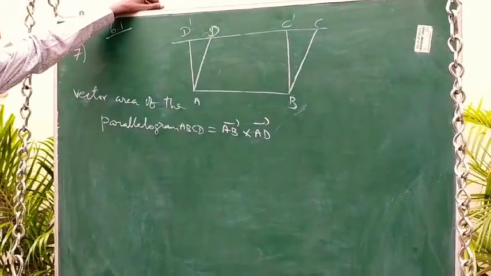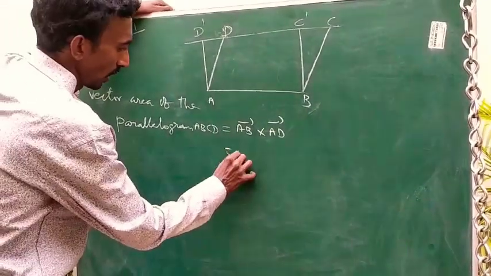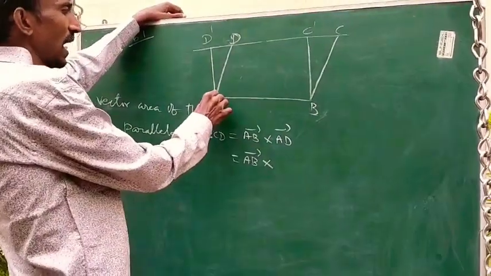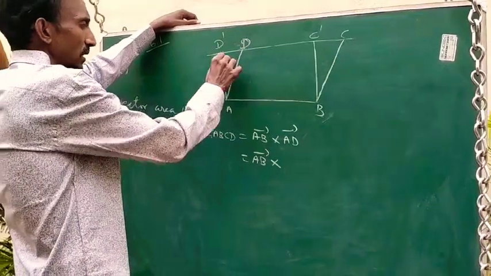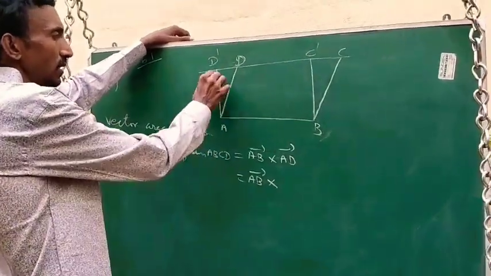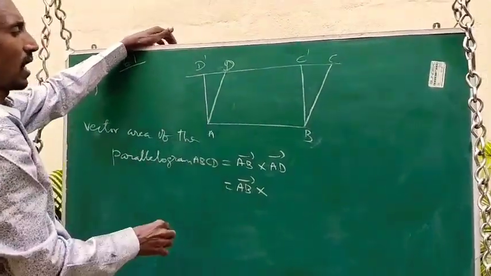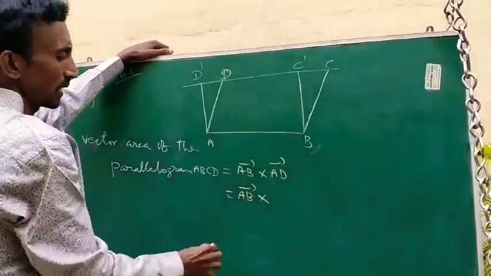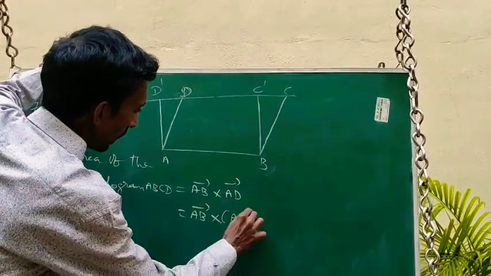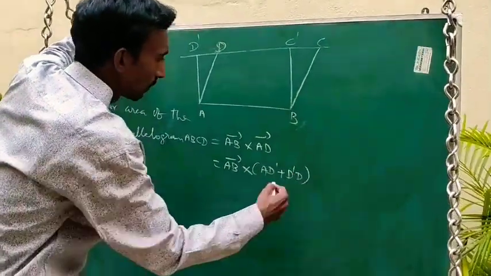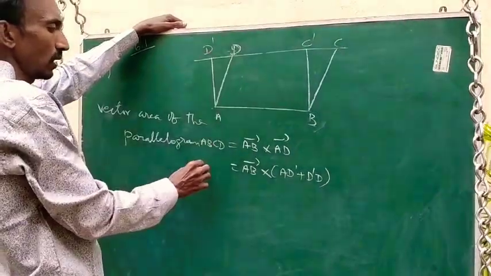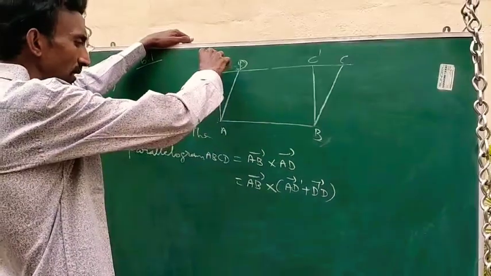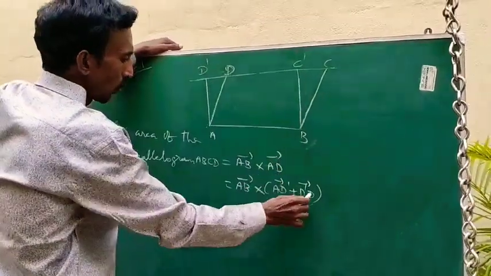So look at the diagram, take this triangle ADD dash. In this triangle use the triangle law, AD is equal to AD dash plus D dash D. So AD vector is equal to AD dash vector plus D dash D vector.